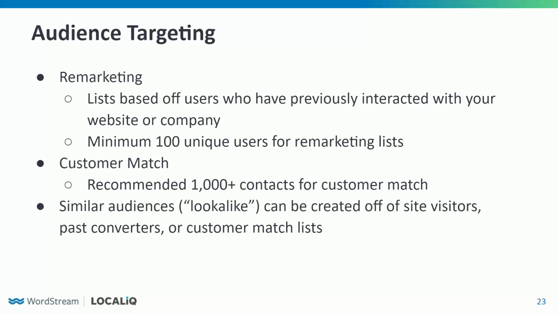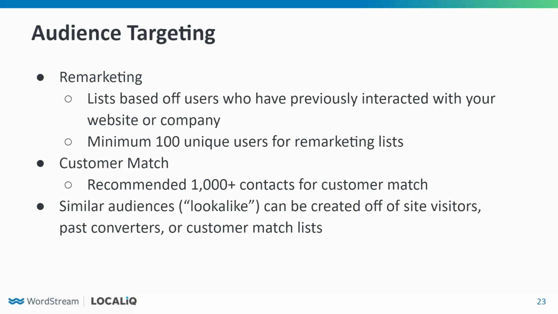A little bit closer than remarketing is going to be customer match. This again is people who have previously interacted with your website or your business, but it's those users who you already have some level of contact info. This can be exported from your CRM platform, or if you have simply a list of emails, phone numbers, names, zip codes, these can be uploaded into Google.